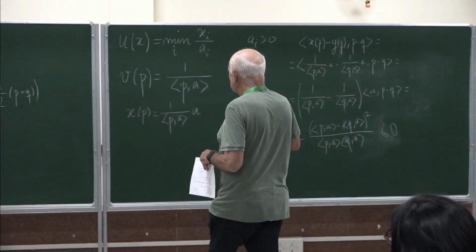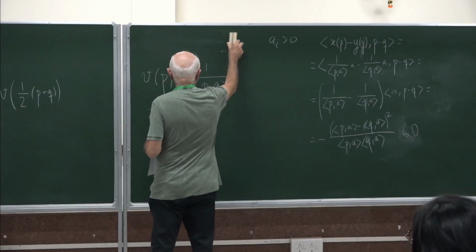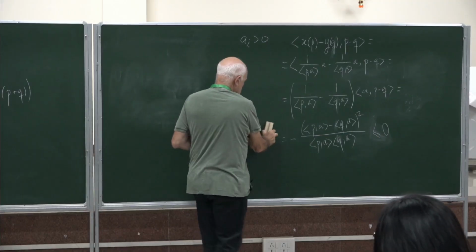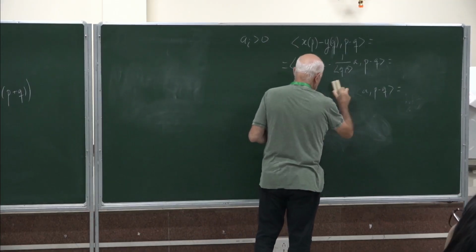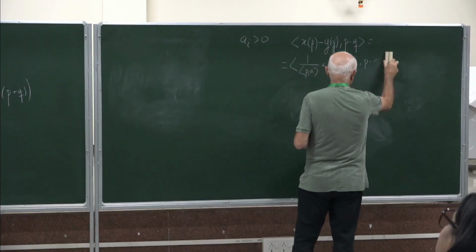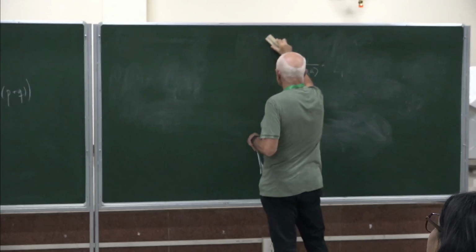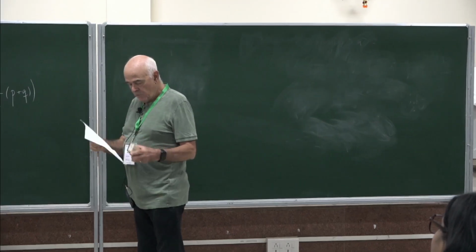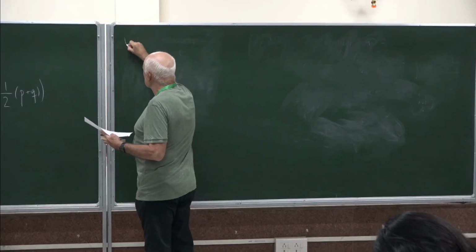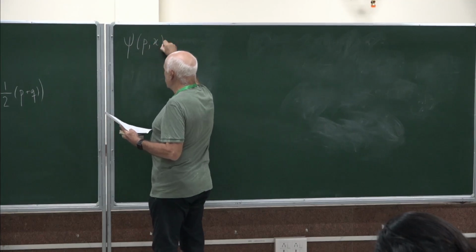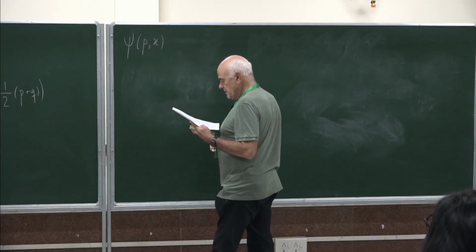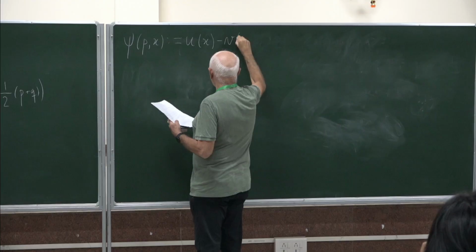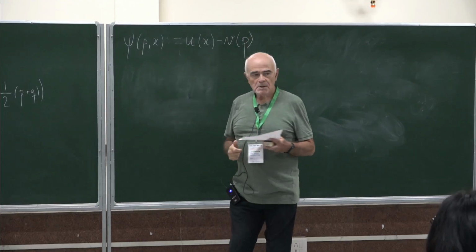Then consider the following function of two variables, P and x, prices and commodity bundles: psi of (p, x) equals U of x minus V of p.